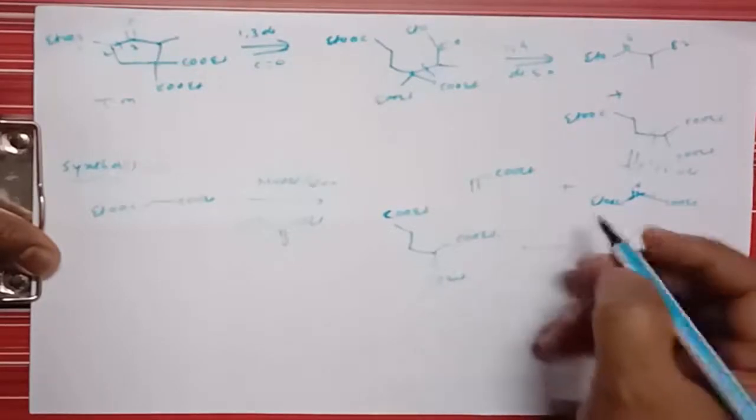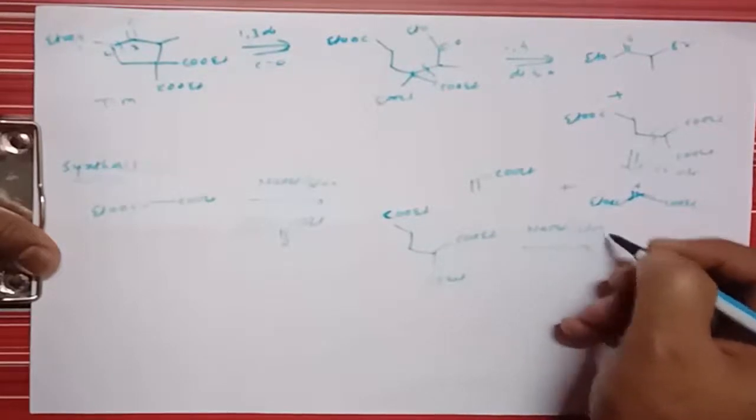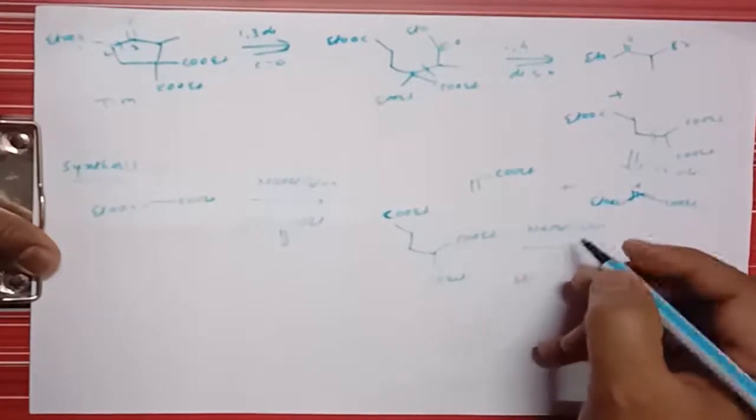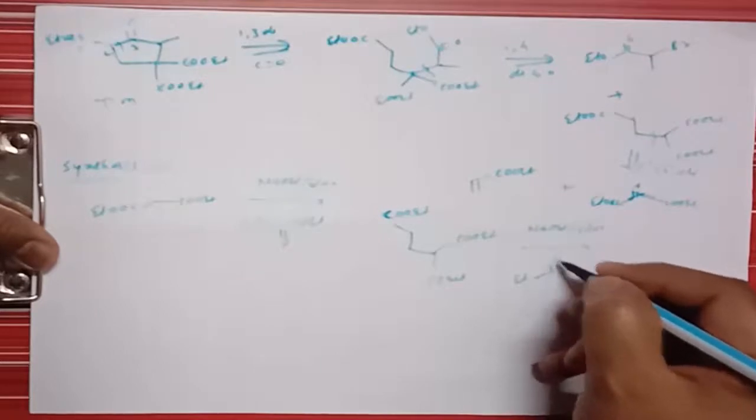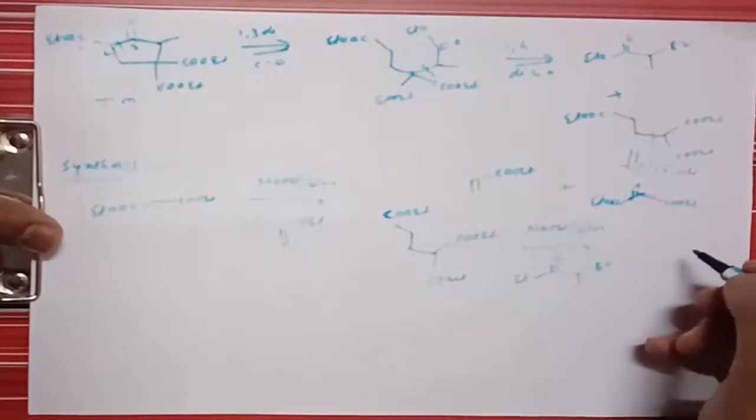Now you can treat this molecule again with base, that is sodium ethoxide, in presence of ethanol and this methyl substituted bromoester. So what it gives?